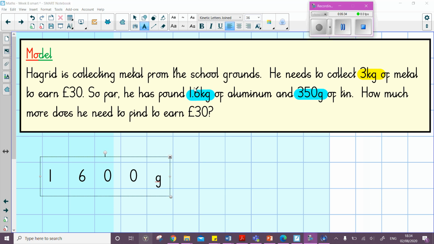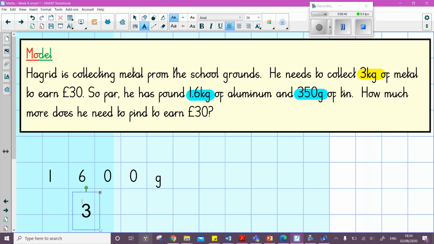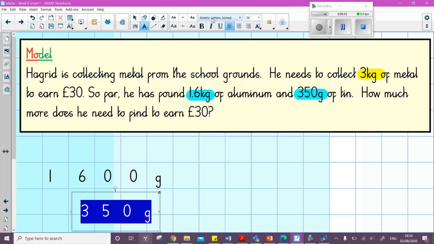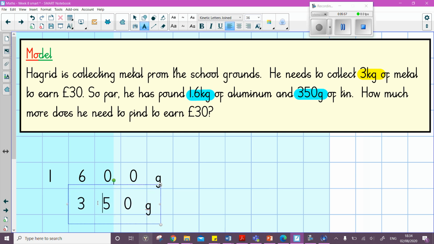To check that, I could also multiply 1.6 by 1,000, and that would give me 1,600 grams. And he also has 350 grams. Now that both our amounts are in the same unit of measure, it makes it a lot easier for us to find the total of how much metal he has already found.